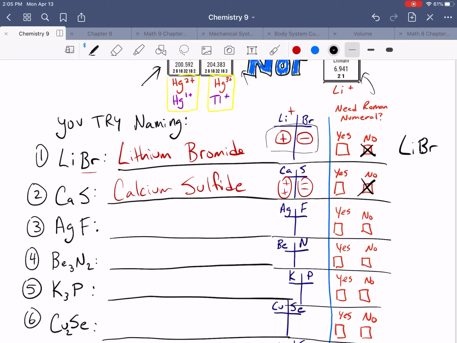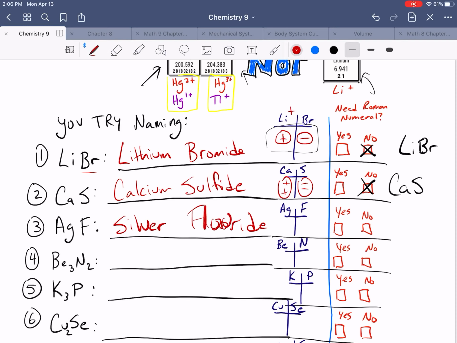The next question here has to do with silver. And so that's the first word there. And then F is fluorine, but you would write fluoride.